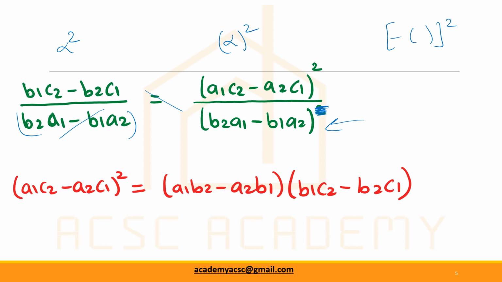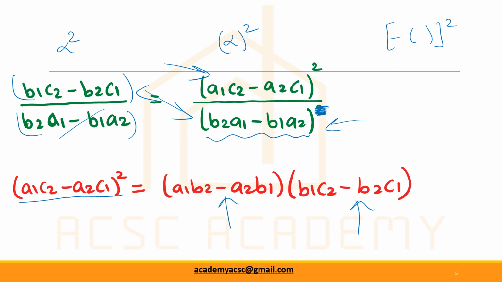How can that be done? We will keep this numerator as it is, a1c2 minus a2c1 the whole square, and that can be equated with the product of these two, b1c2 minus b2c1, and this denominator which we already had, b2a1, or you can write that as a1b2 minus a2b1.